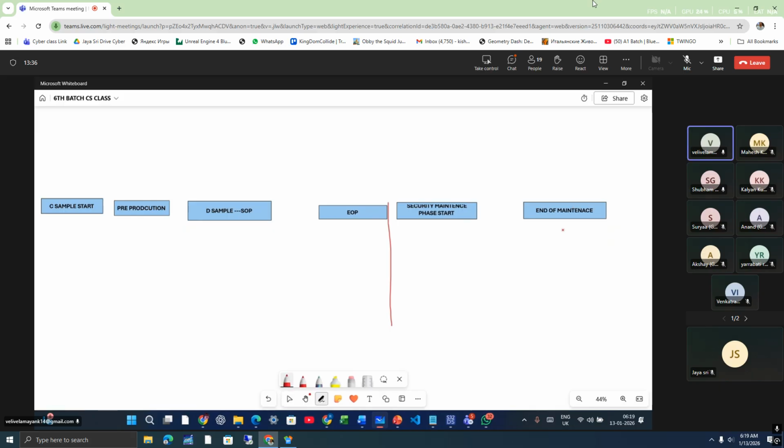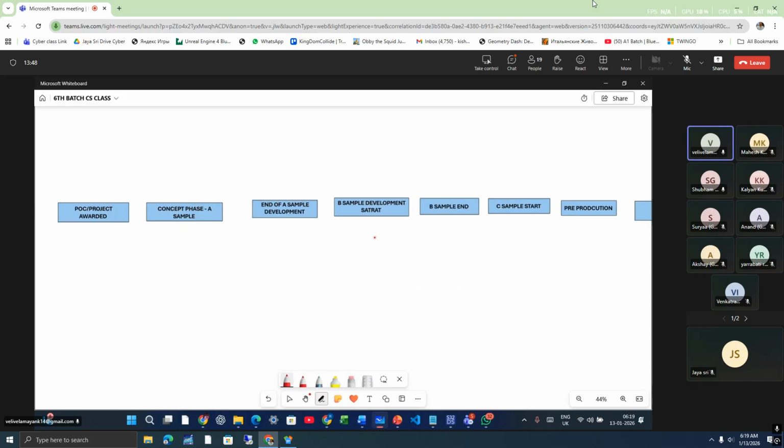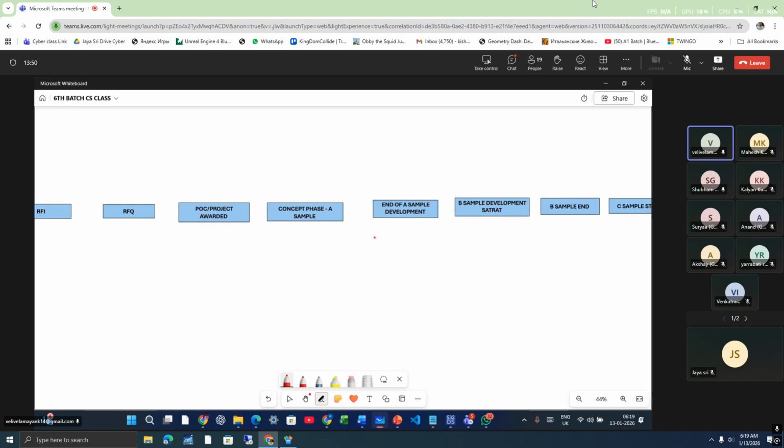Sometimes it will be 15 years, sometimes based on the lifetime. Mostly 15 years will be there. Your start period will be measured from the end of the production, not from the start of the production. That is also another tricky statement. So these all are the phases.